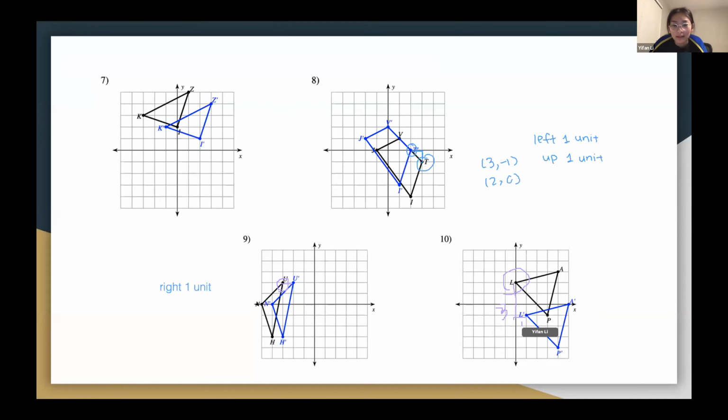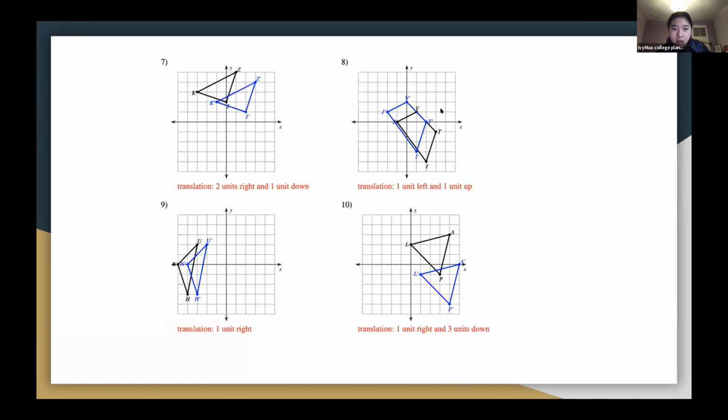So it's down 3 and right 1. That's it. Make sure you check your answers.